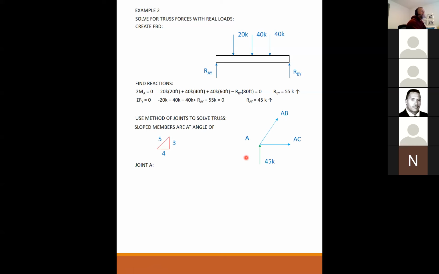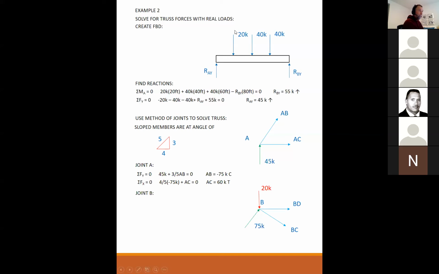I start at joint A, but now I got 45 kips. And basically doing exactly what we just did, only with the new reactions, I find that strut AB is 75 kips in compression, and strut AC is 60 kips in tension. At joint B, now here's probably the easiest way to mess this up, is to forget to put on the real loads.